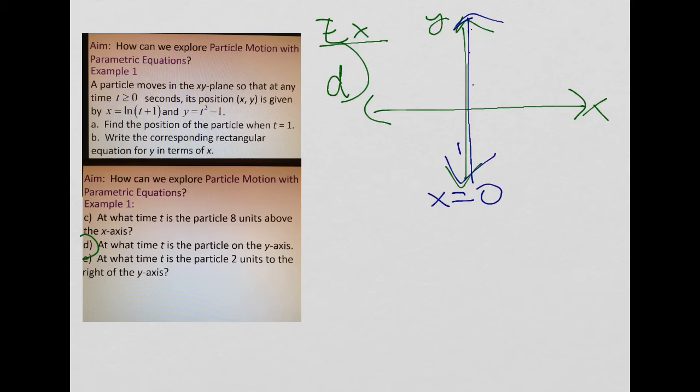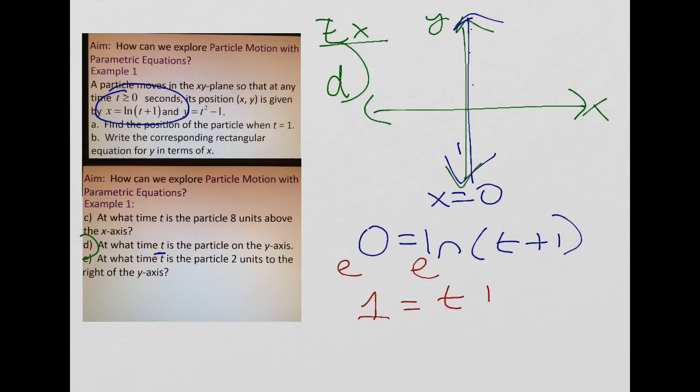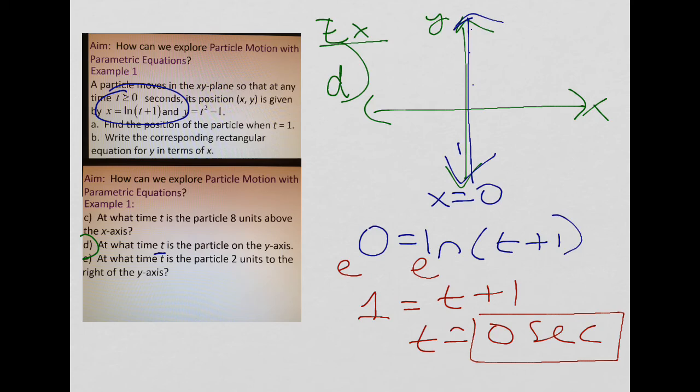So we're going to replace x with 0 in this equation and solve for t. So we need to know at what time t. And so we use e on both sides, and we find out that this is when t is equal to 0. It just worked out that its answer is 0 seconds for part D.